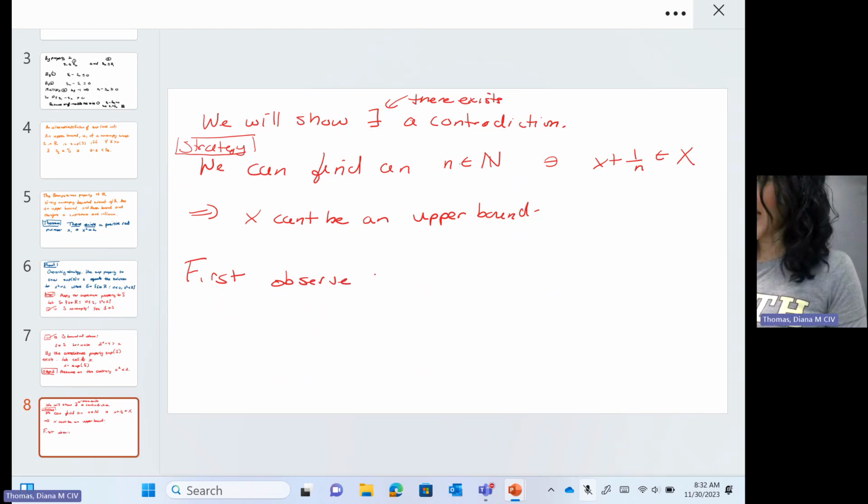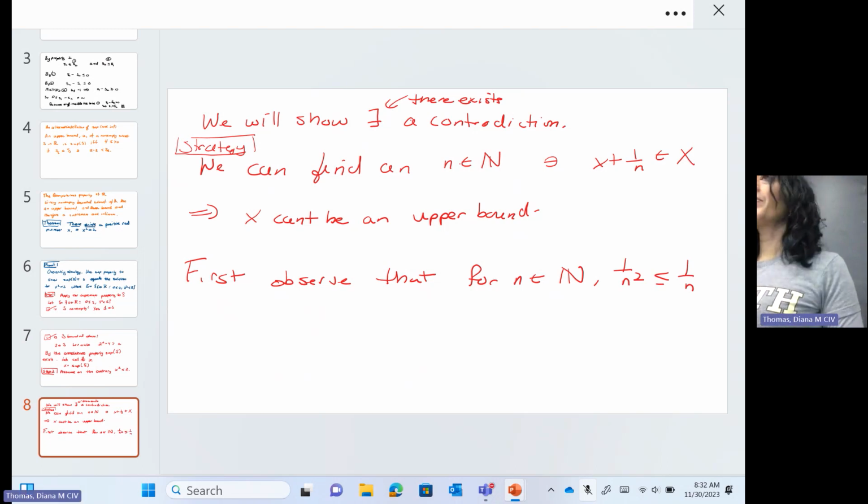Or as one of my profs used to say, high school commutative algebra. Believe this? If I have any natural number n, if I square it, 1 over n squared is going to be smaller than 1 over n. Take n equals 2. 1/4 is going to be smaller than 1/2. So when you square this thing, for any n, that's going to be true.